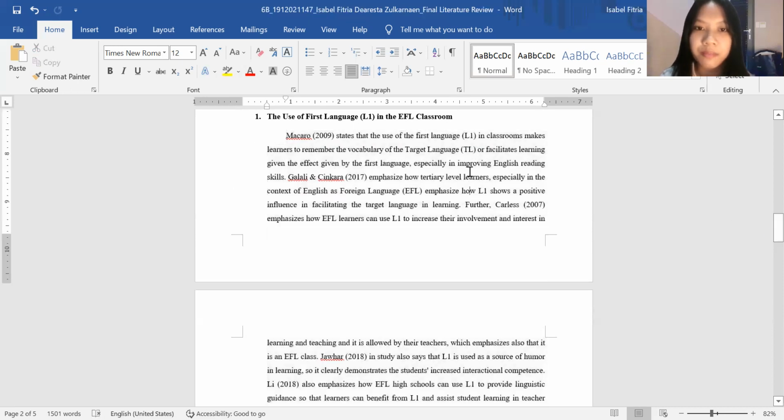For example, Macaro 2009 states that the use of the first language L1 in the classroom makes learners remember the vocabulary of the target language or facilitates learning, especially in improving English reading skills. So I think L1 is really good for improving language skills, not only reading but any other skill.